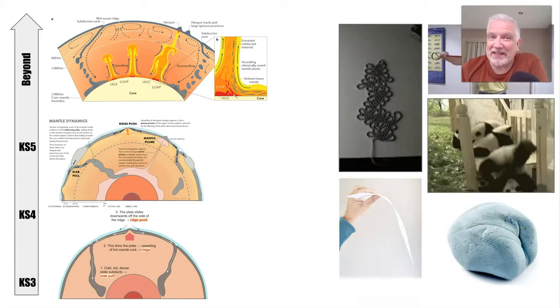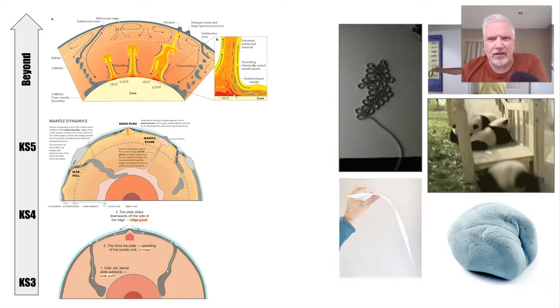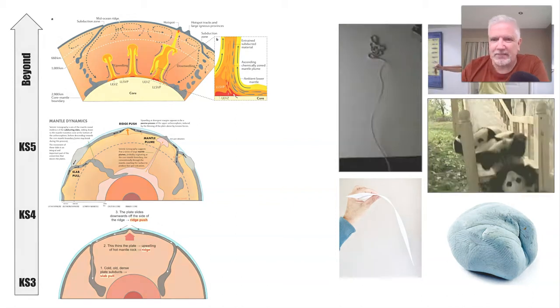Imagine if our pupils went into university and immediately they see a diagram like this, they go, oh yeah, I think I can make sense of that. That's powerful knowledge.